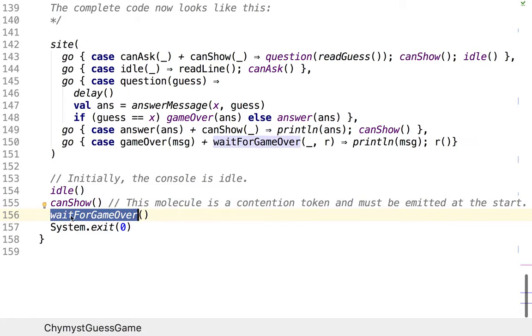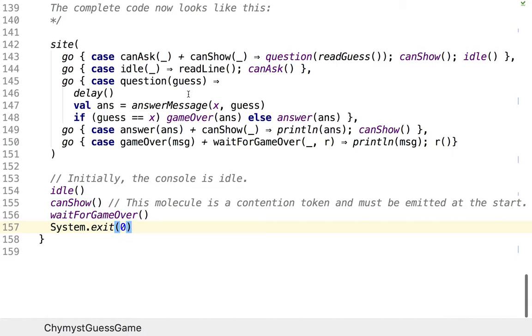When this molecule receives a reply, I exit the program. So in this way, I implement this simple game by declaratively modeling what needs to be done and what tokens or molecules or information I need to pass from one process to another.